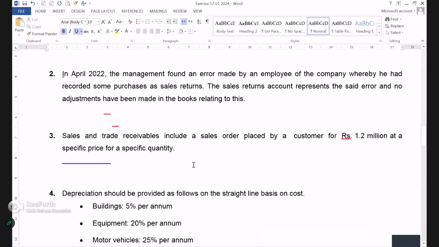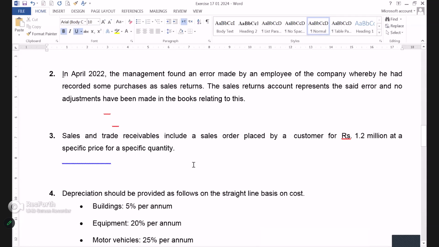What about the sales return? What do you mean by the sales return? What is the journal entry for the sales return normally? Anyone?